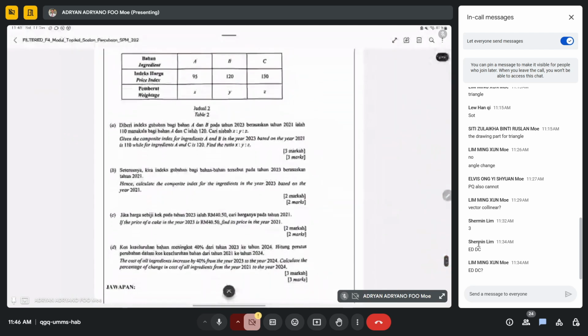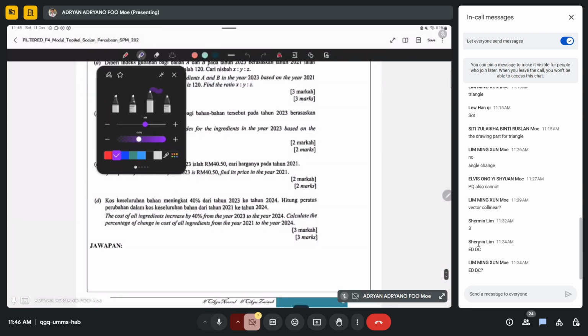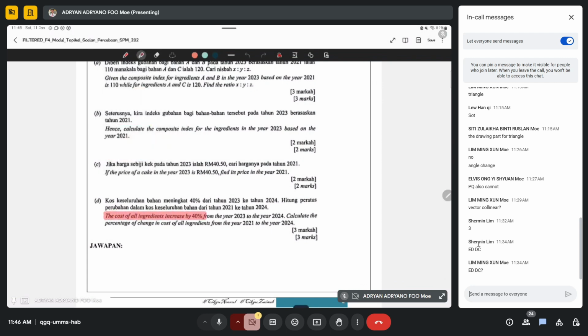Let's say a question like this: the cost of all ingredients increased by 40% from year 2003 to 2024. When they say all ingredients, then you can use the chain rule. Understand what I mean?